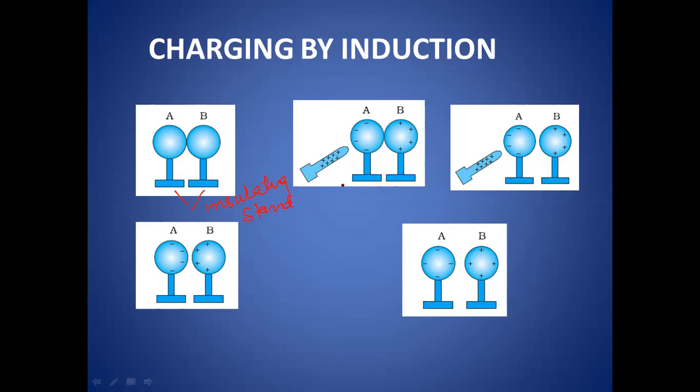Now what happens when a charged rod, suppose it is positive, is brought very near to sphere A? This ball is neutral; whatever positive charge is there, the same amount of negative charge is there.